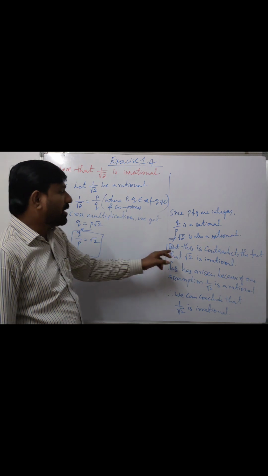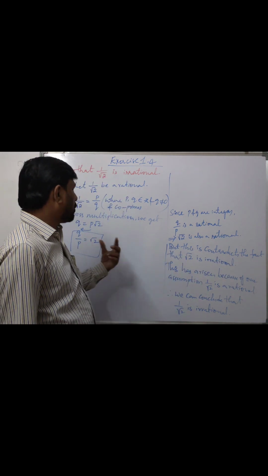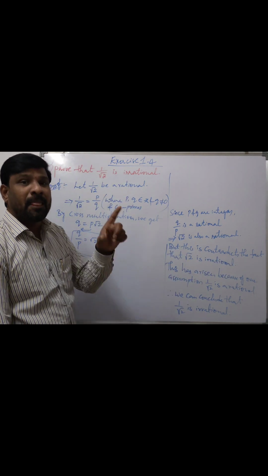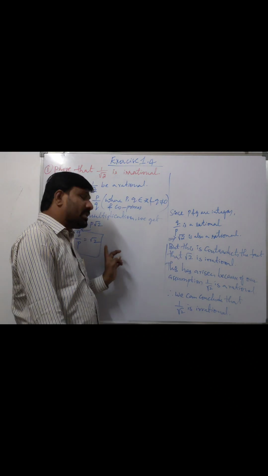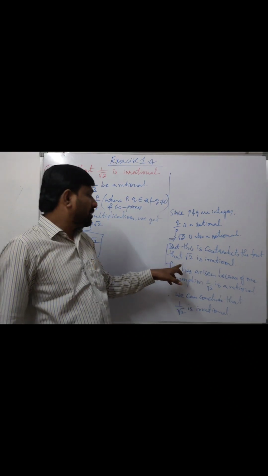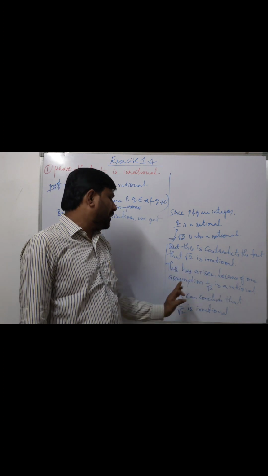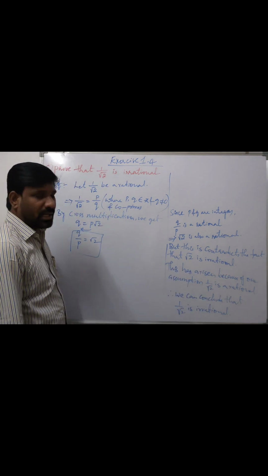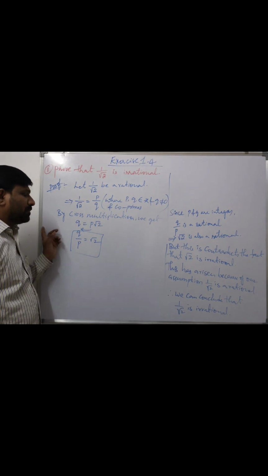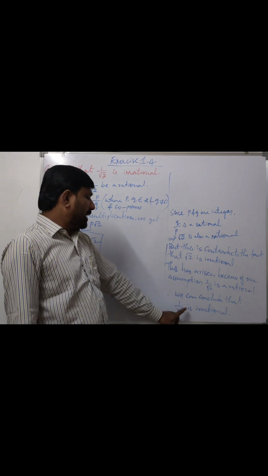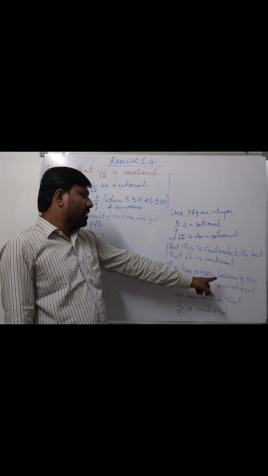But this contradicts the fact, what is the fact? Root 2 is irrational, because under the square root, 2 is a non-perfect square. So the square root is irrational. Why has it arisen? Because of our assumption that 1 by root 2 is rational. So then what is right? Our assumption is wrong.